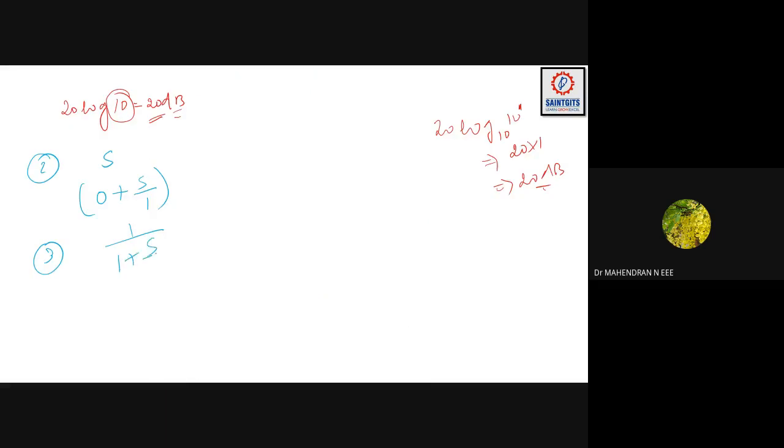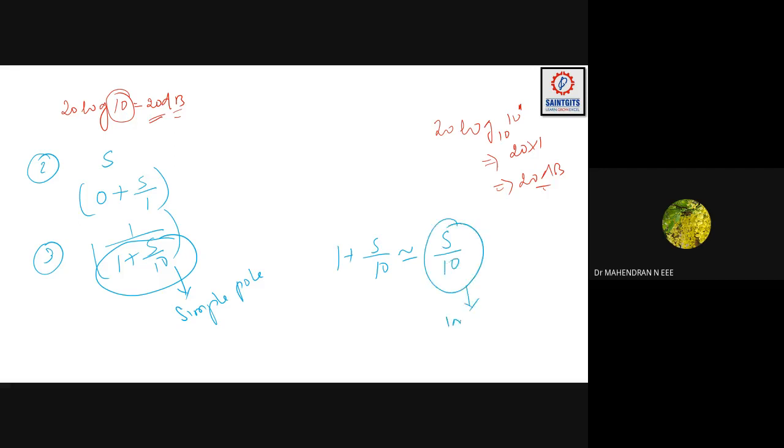This is a simple pole, and for 1 plus s by 10 it is approximated as s by 10 at high frequency. Here you see the corner frequency is 10.